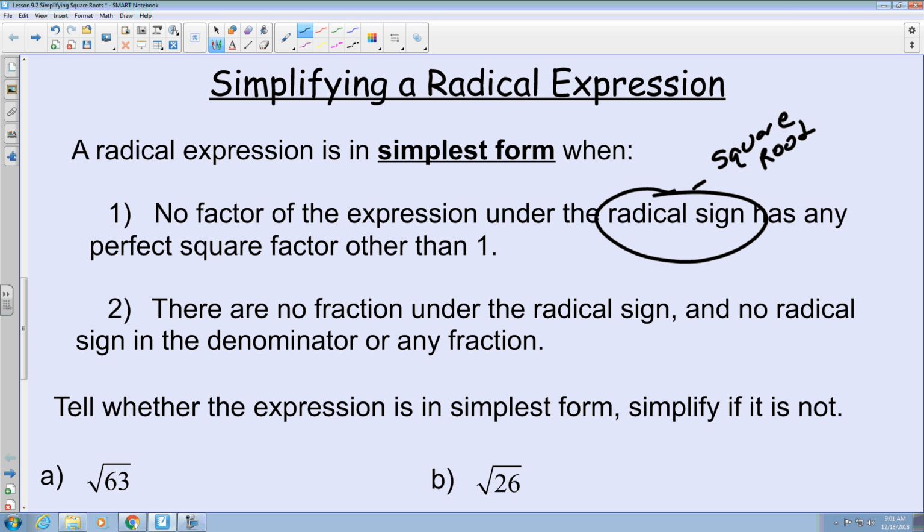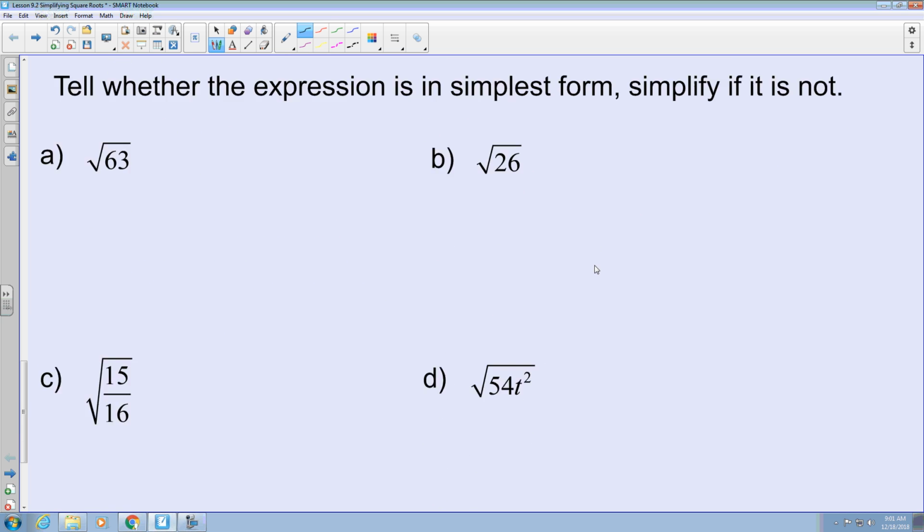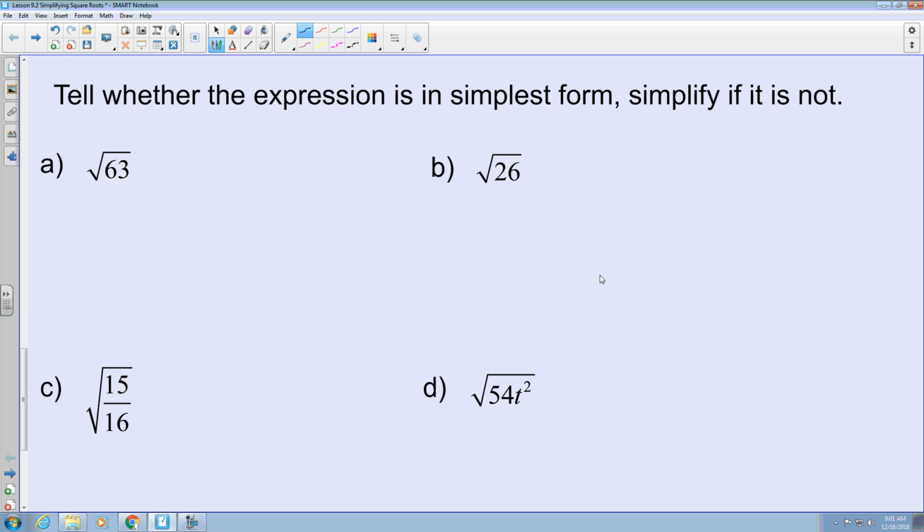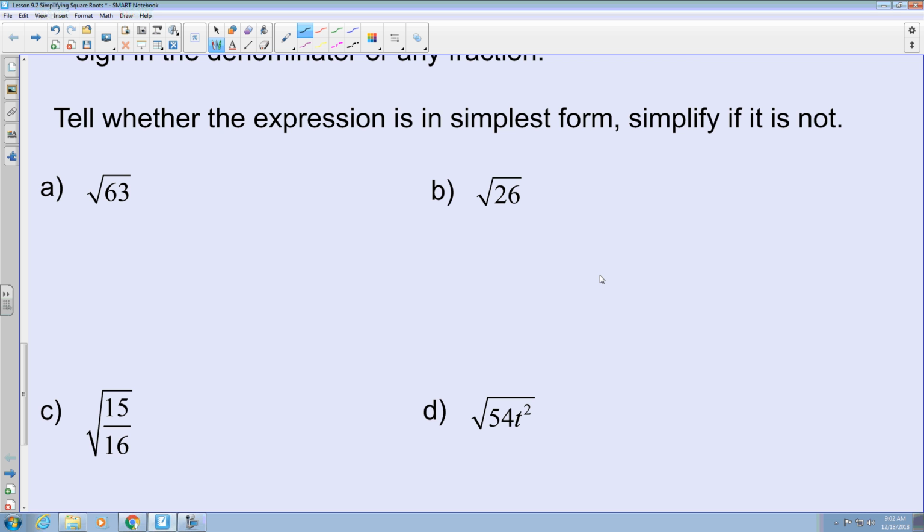Also, there are no fractions under the radical sign and no radical sign in the denominator of any fraction. There are strategies in order to solve that, but I think we're okay with this one. So in this case, we have some examples where we want to simplify these expressions, and by simplify, we want the exact answers.